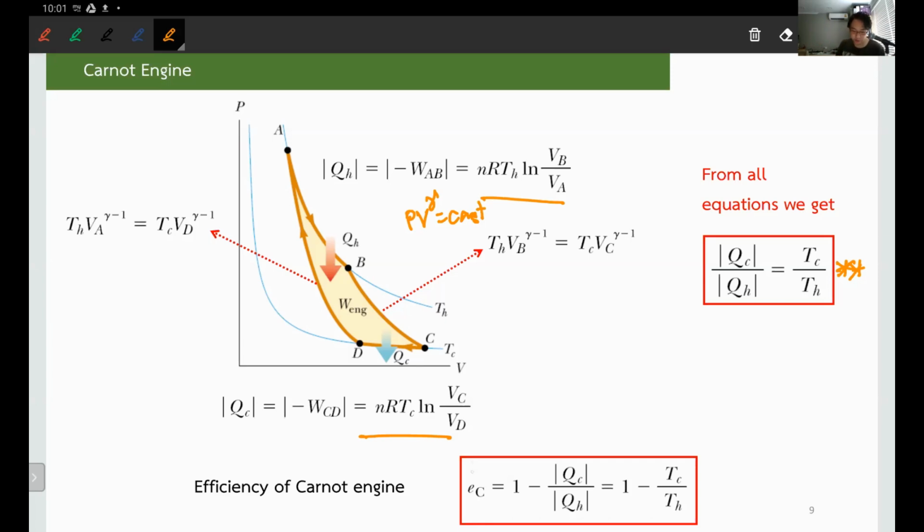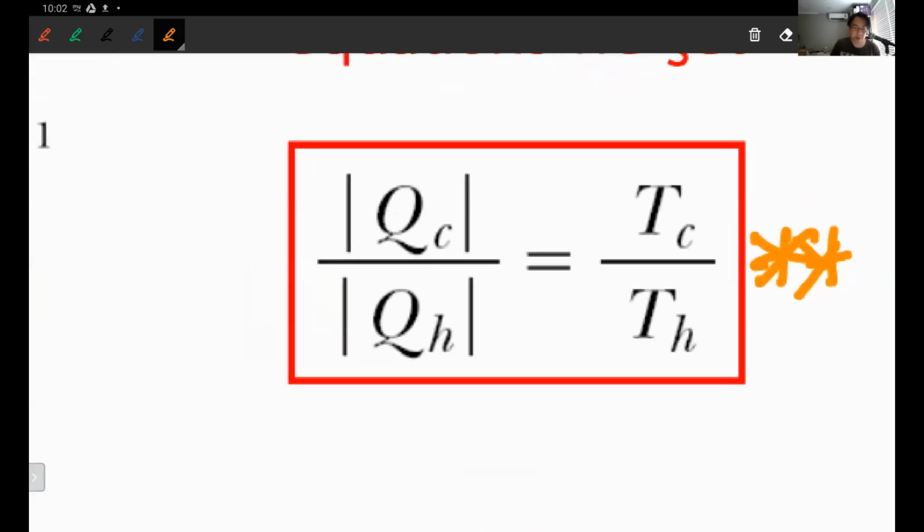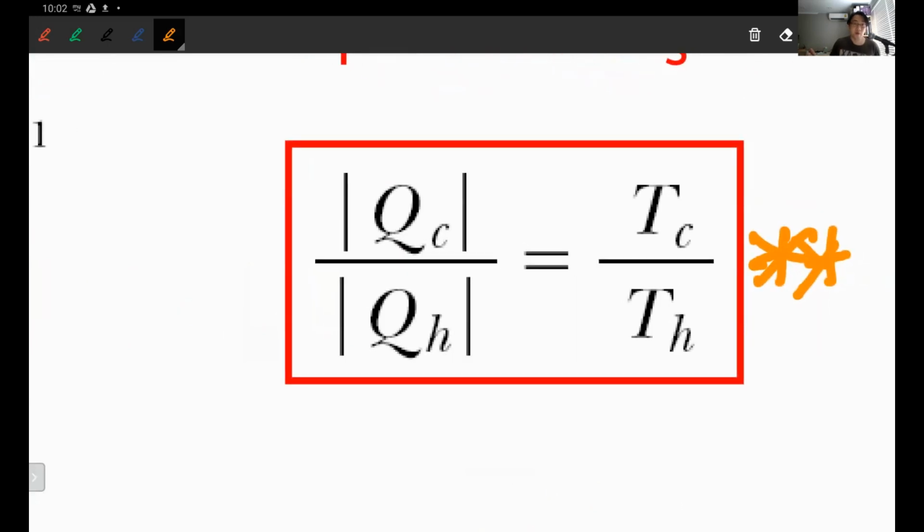And the good thing about this one is, now you can turn the efficiency expression that you got before, 1 minus Q cold over Q hot, into the ratio of the temperatures. And that's it. You can put the subscript C for that, just to signify that this is the efficiency of a Carnot engine. This is the only conclusion I want to give after introducing the Carnot engine to you.